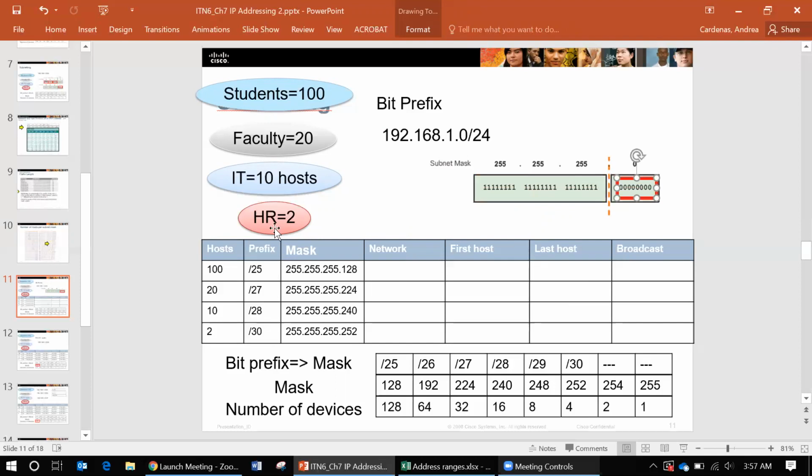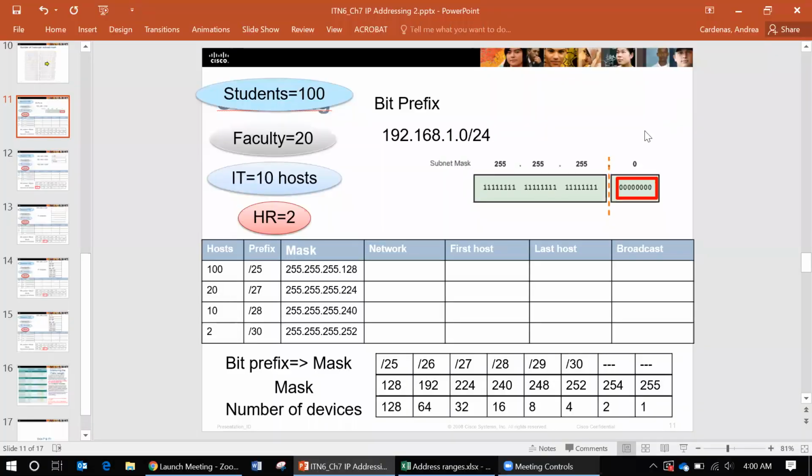We're making the networks conform to what we need it to do. So we have just determined what the prefixes are and what the masks are. So this is bit prefix and subnet masks.